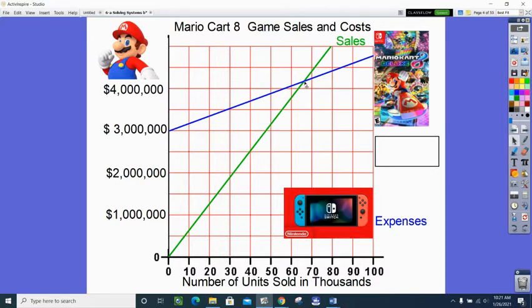And where they meet, do you remember what that was called? Hopefully you said the break-even point. So basically, if you look at this blue line, that's the money going out, and this is the money coming in, this whole triangular piece is a loss. You spent more than you made. And your loss gets smaller and smaller the more you sell.